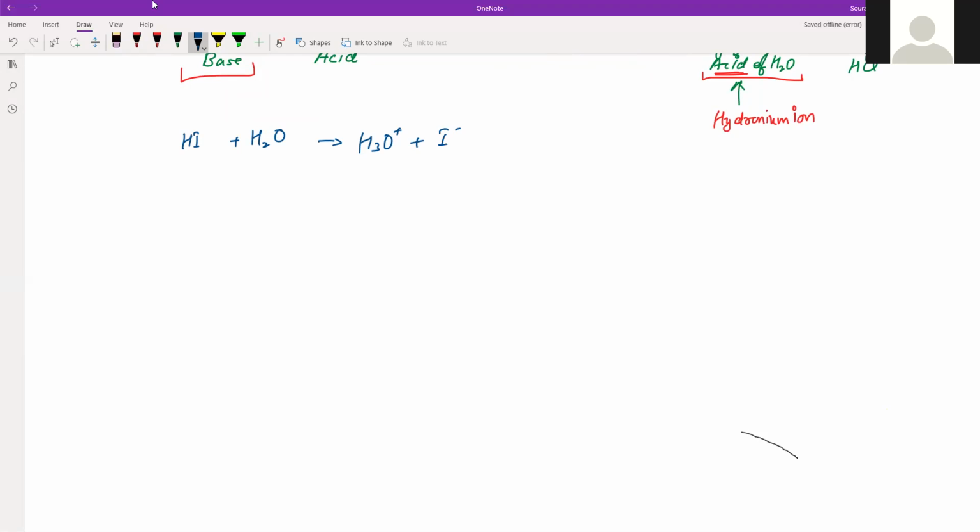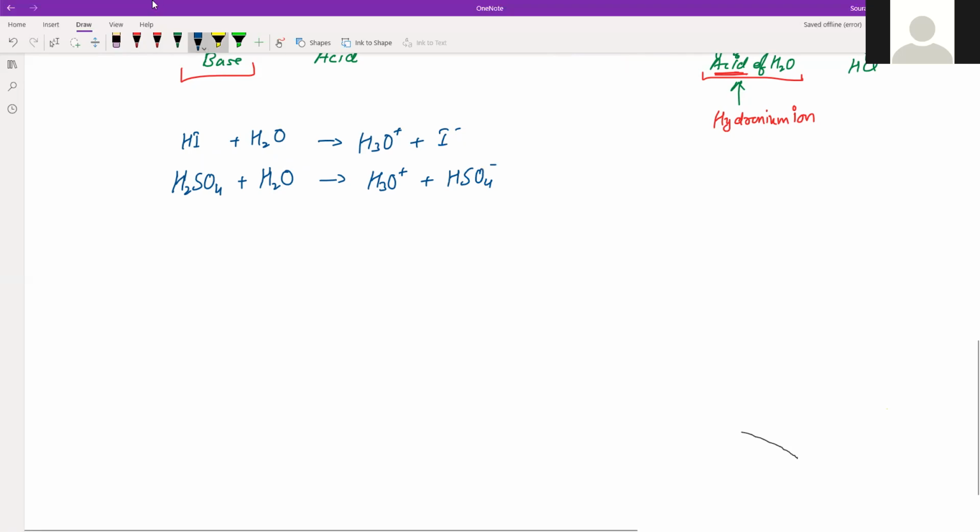Now suppose we have H2SO4, that is sulfuric acid. So sulfuric acid plus H2O, what will happen now? This sulfuric acid will give you again the same thing, H3O plus, and in H2SO4 there will be only one hydrogen left, and that is HSO4 negative.